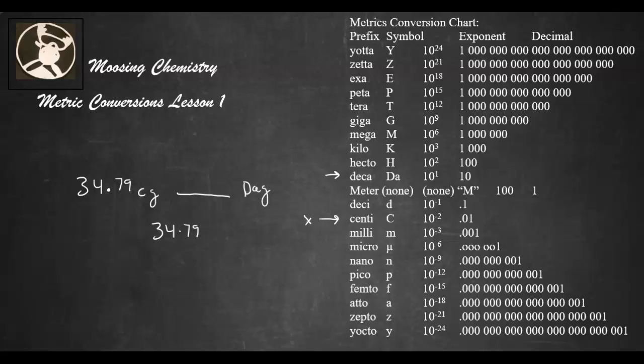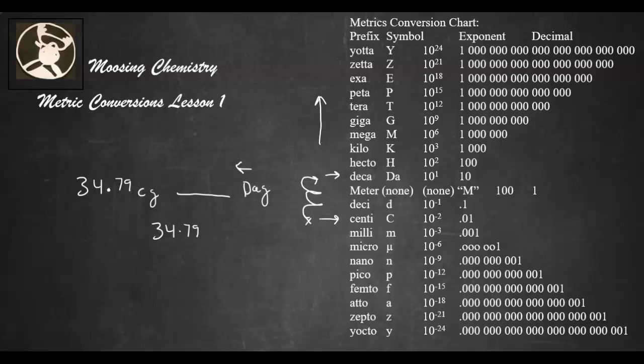Which one's larger, decagrams or centigrams? Obviously, decagrams are, because it gets larger going up. You can see that by looking at these numbers. So we're going to draw the arrow going towards the centigrams, right? Now let's count how many spaces we're going to move it. 1, 2, 3.